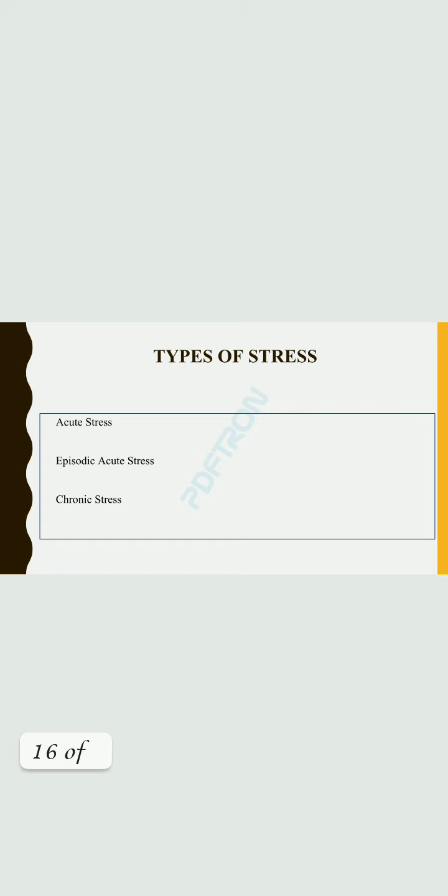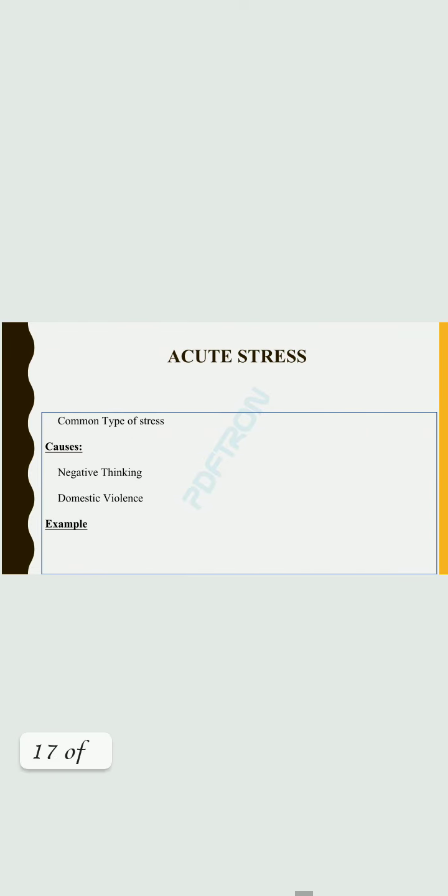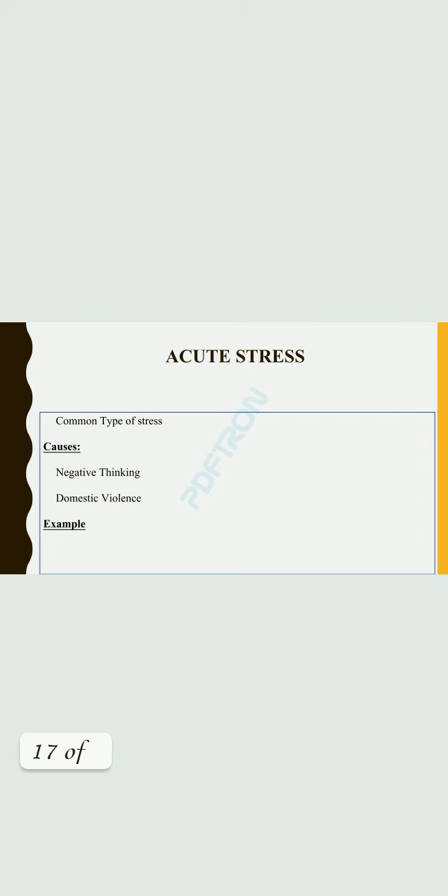Types of stress. Now there are different types of stress: acute stress, episodic acute stress, and chronic stress as well. What is meant by acute stress? Acute stress is a very common type of stress. The causes may be negative thinking or domestic violence, right?